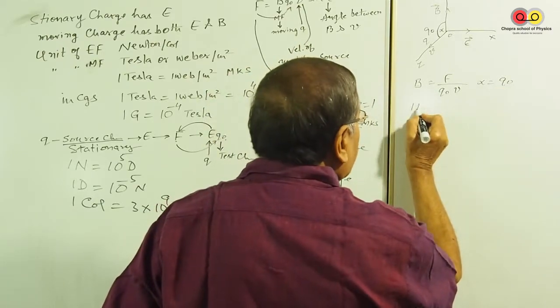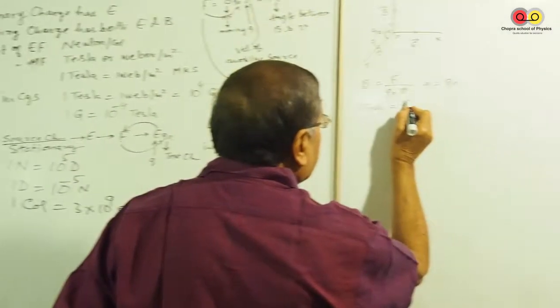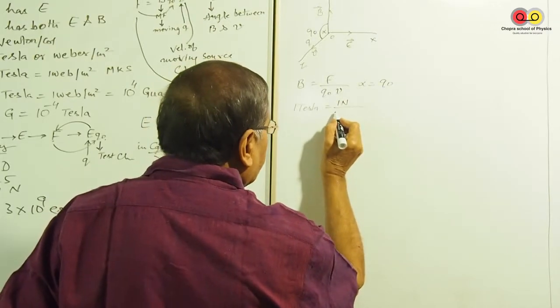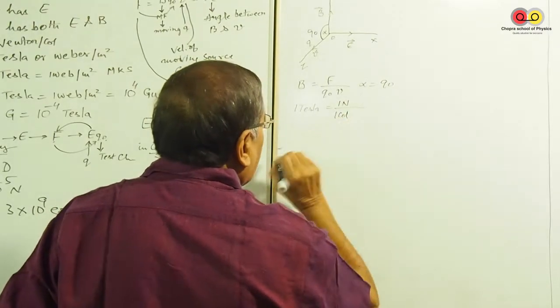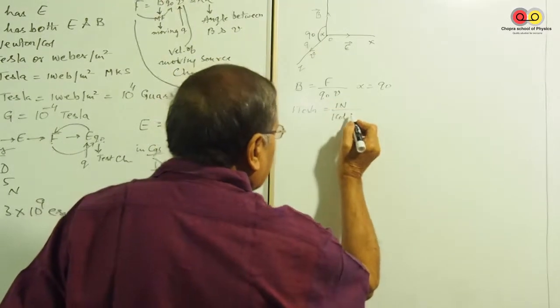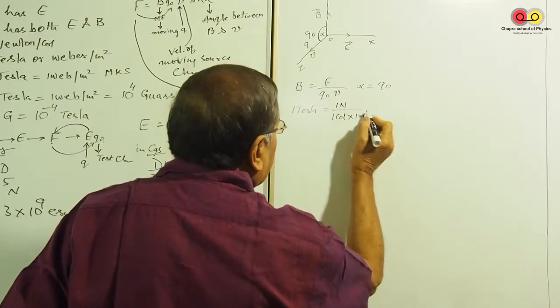B is supposed to be 1 Tesla, force is supposed to be 1 Newton, test charge is supposed to be 1 Coulomb, and speed of the moving charge, source charge, that is 1 meter per second.